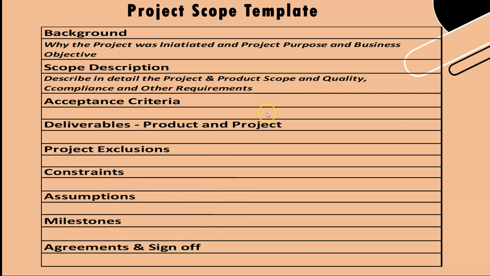Because the key stakeholders should sign off that this is what the project is going to do, and this is what it is not going to do. Now, I have a video that illustrates a project scope for a market research project, so that you're going to be able to see exactly how all of these things are filled out.